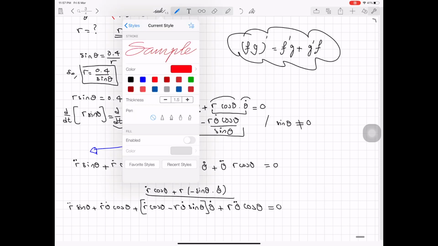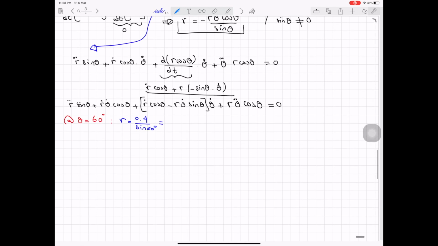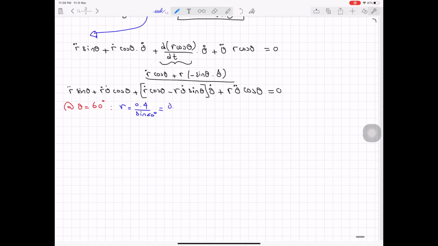Okay, good. Now, at theta equal to 60 degrees, we can evaluate r using this equation. So r will be equal to 0.4 over sine 60 degrees. Sine 60 degrees is square root of 3 over 2.